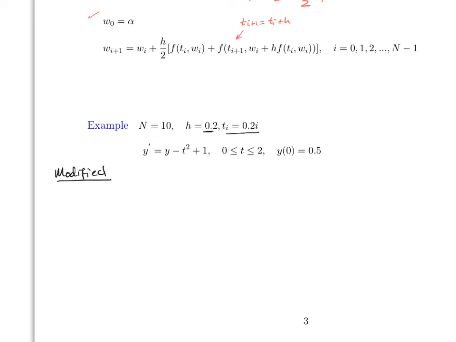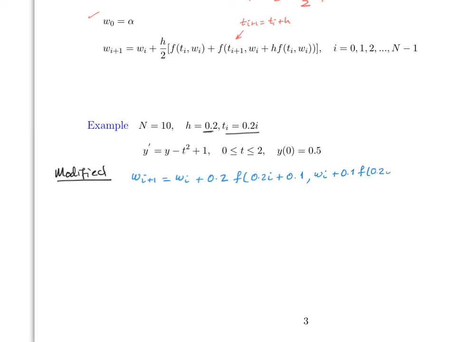So therefore, for the modified method, we're going to have w i plus 1 equal to w i plus h, which is 0.2, times f of t i, which is 0.2i, plus h over 2, which is 0.1, and then w i plus h over 2, which again is 0.1, times f of t i, w i.